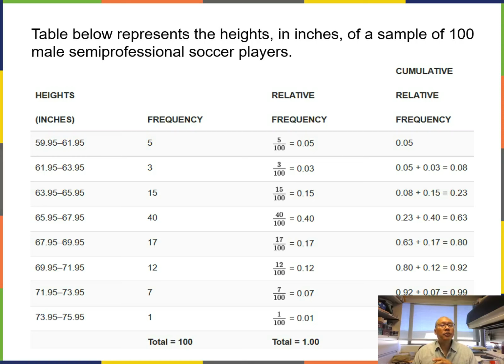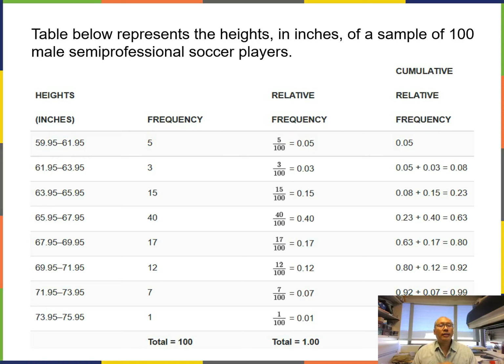So in general, you don't want overlapping values. I think it's pretty safe to say that the reported heights here are given in inches, and they're given as values with 1 decimal place.